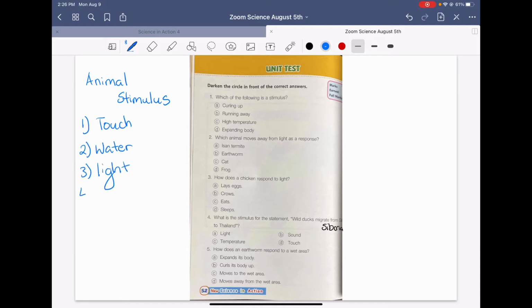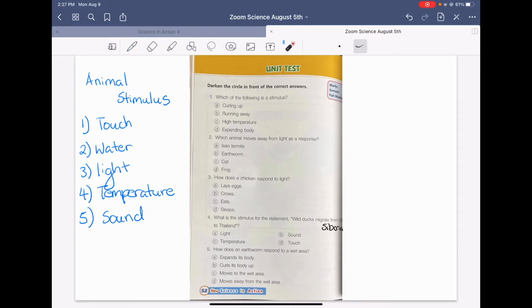When we feel hot and cold, it's temperature. What else? And we have sound. These 5 animal stimuluses. All right. So we have these 5.